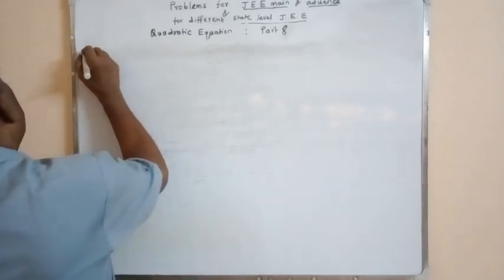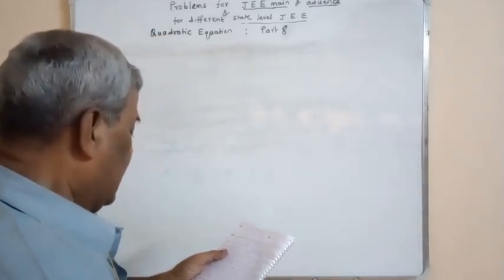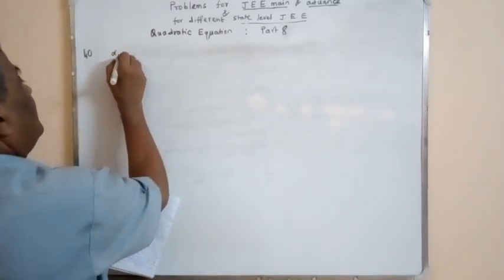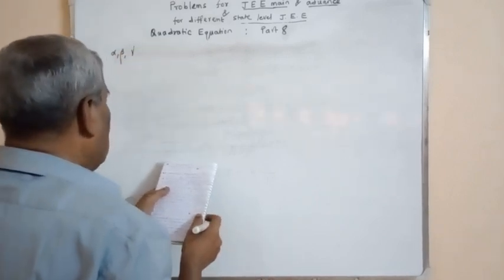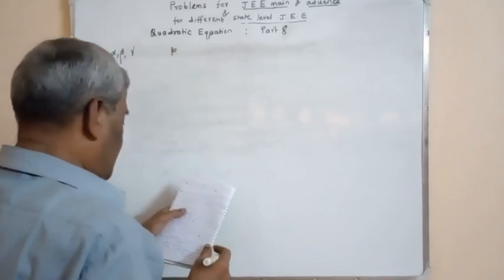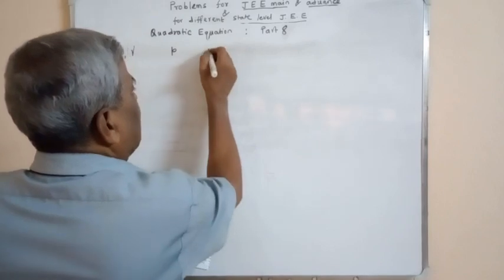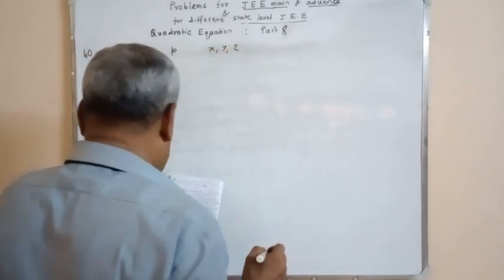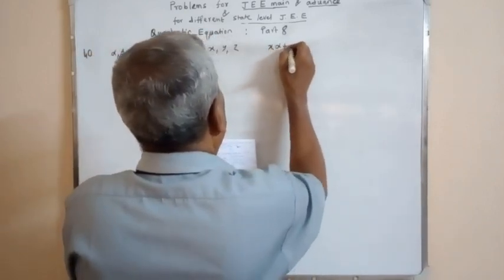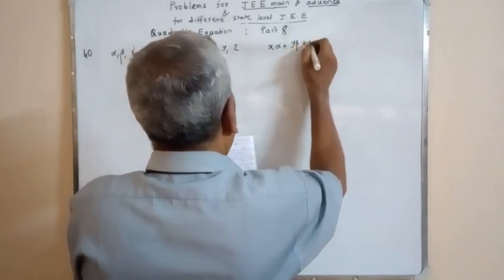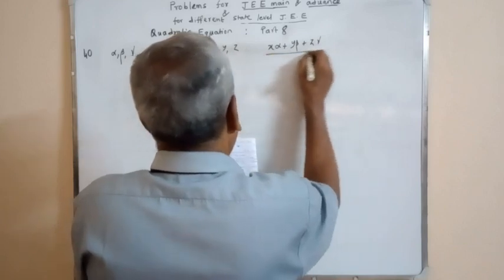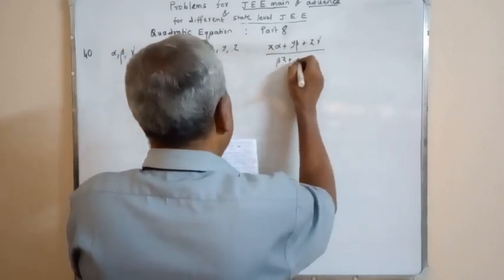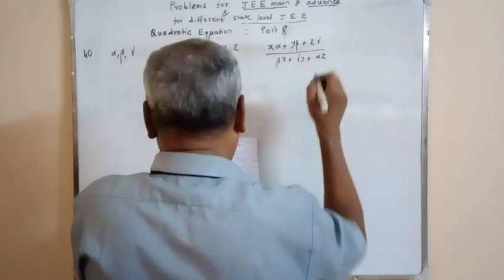Now, problem number 40. If alpha, beta, gamma are cube roots of a positive number p, then for any x, y, z, the value of (x alpha plus y beta plus z gamma) by (beta x plus gamma y plus alpha z) is.